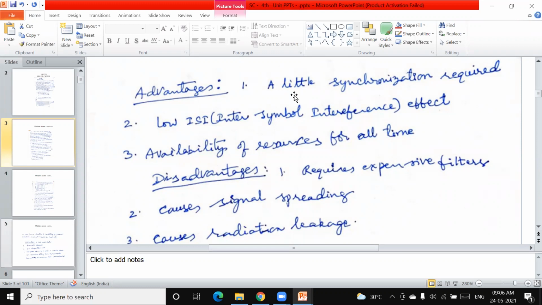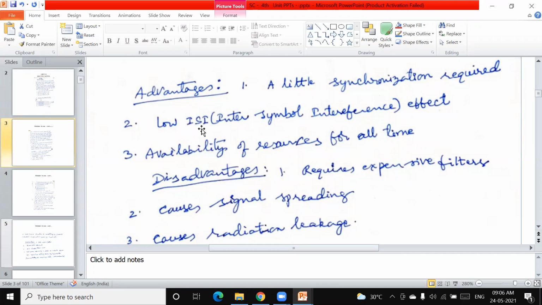If you use the FDMA multiple access technique in the satellite, then little synchronization is required, with sync pulses between the satellite and the user. That's what it means.